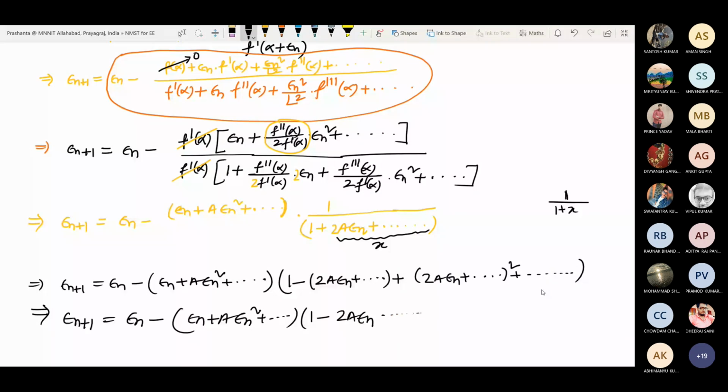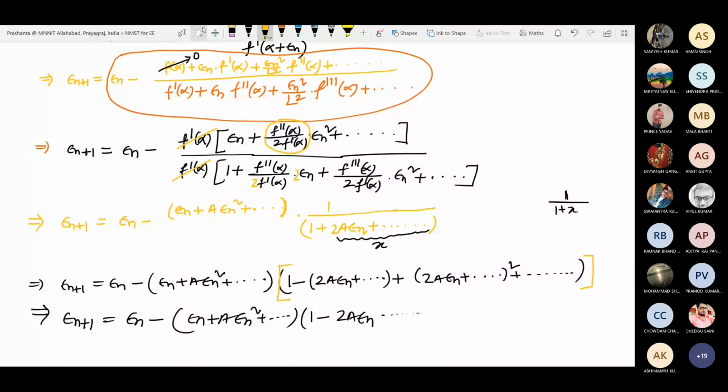Yes or no? Any other term in the right hand side factor, let me highlight them. Any other term in this factor will contain epsilon n square or even higher than that? Yes or no? Only these two terms are lowest order, 1 minus 2a epsilon n.